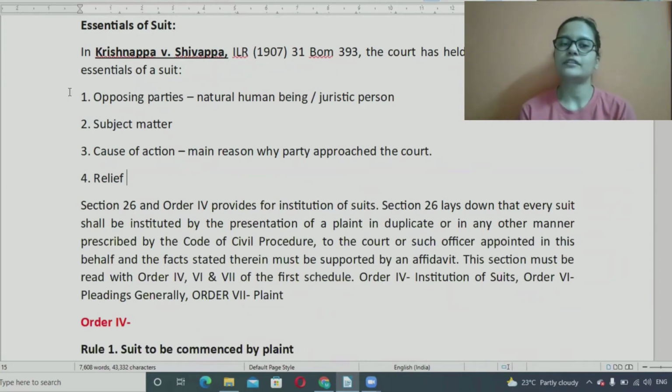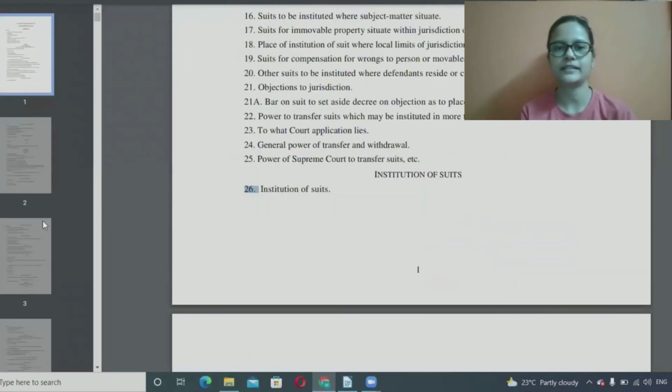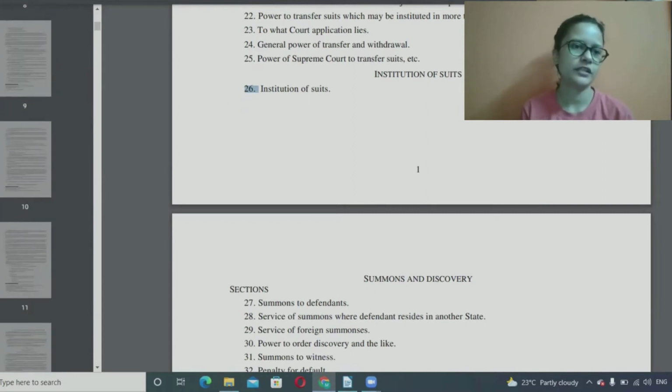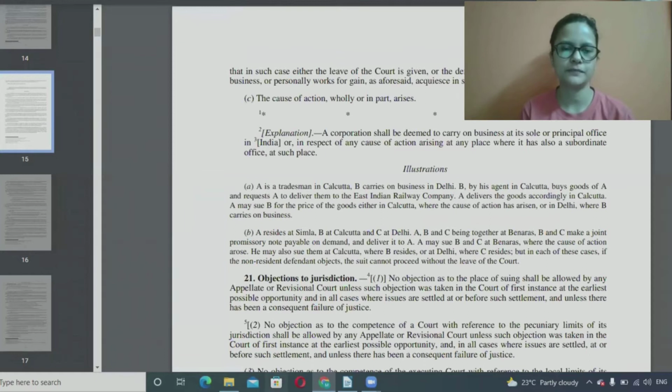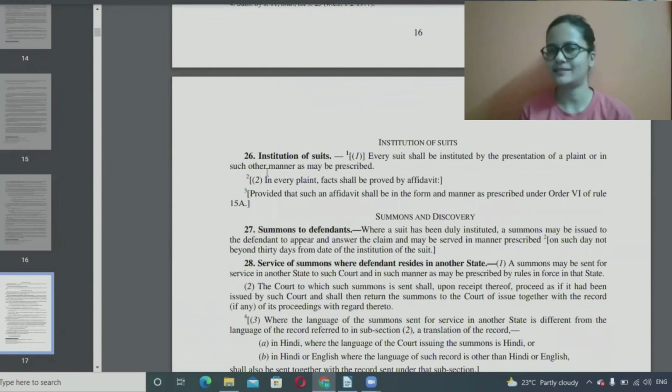Now, when we talk about institution of suits, we have section 26 of CPC. Section 26 makes a provision. If we look at the provision here, this is what it says mainly.